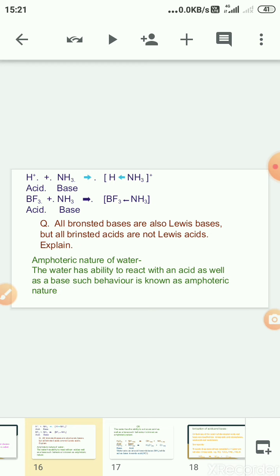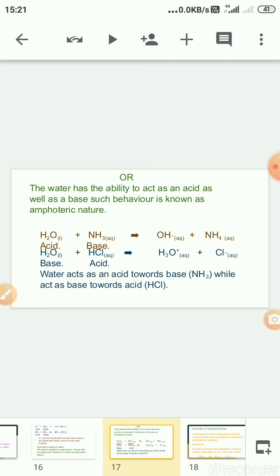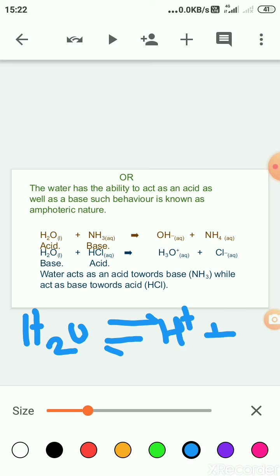In other words, water has the ability to act as an acid as well as a base. We all know very well that water contains both H plus and OH minus ions.